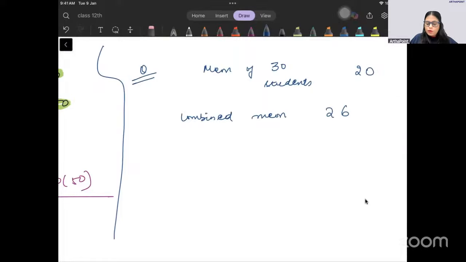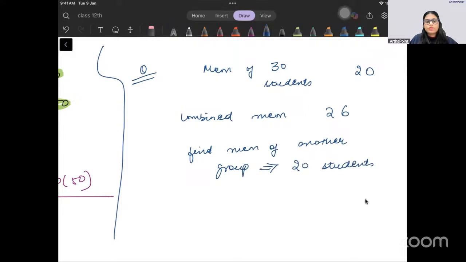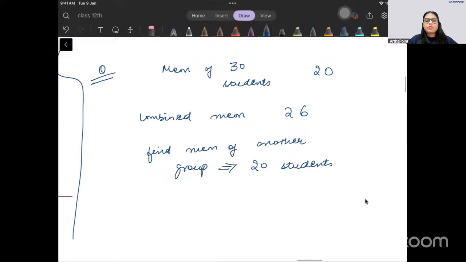Find the mean of another group if there are 20 students in it. Do it.